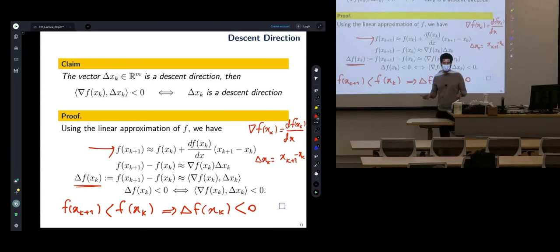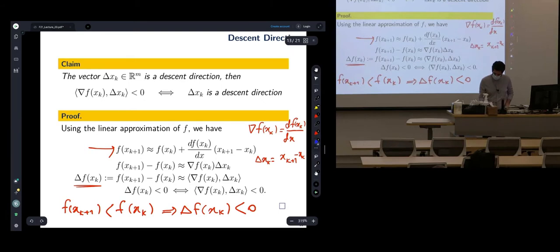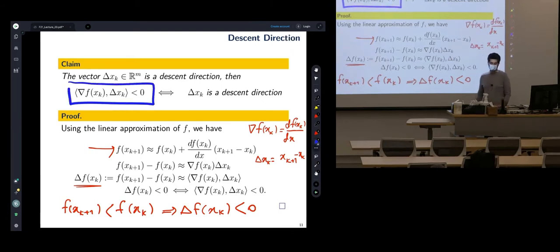Then take the approximation as faithful, roughly describing your function, as equality. Then the dot product of the gradient times delta x should be negative. Both sides should have the same sign. So this gives me this condition: to find the descent direction, the dot product of the gradient and delta x search direction should be negative.